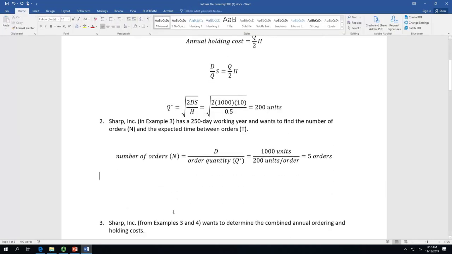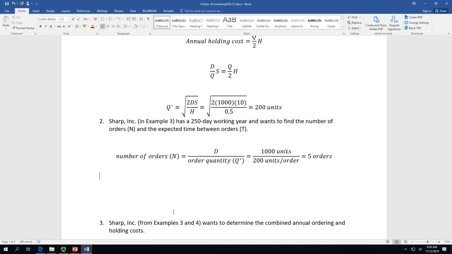And the expected time between orders. There are totally 250 working days in each year, without counting the holidays and offs, so weekends.